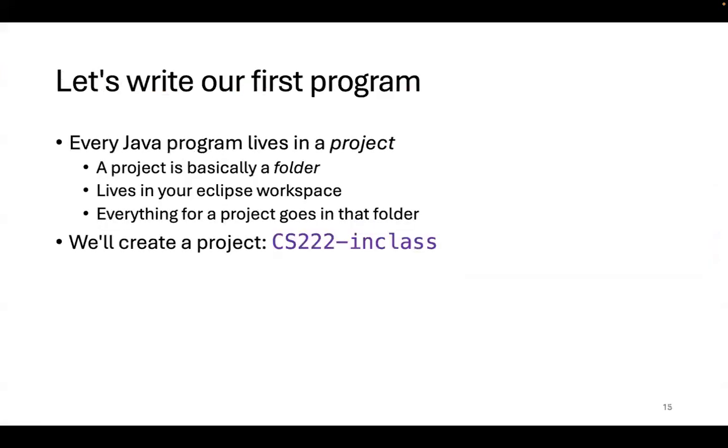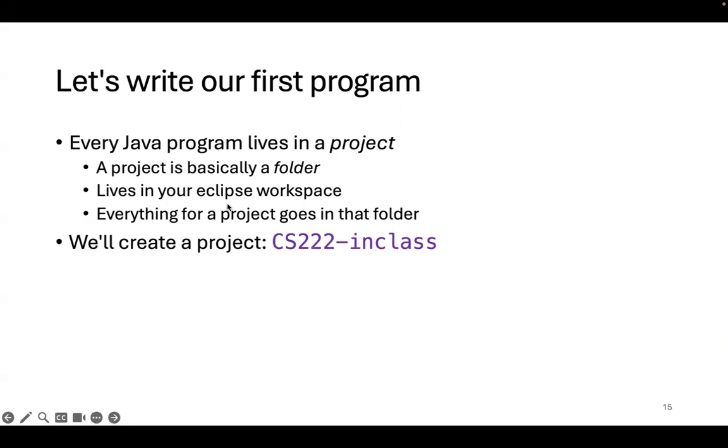Okay, we're going to write our first program. For Python, this doesn't really matter as much. Python is a scripting language where you can just have a Python file and run it. Java files need to live in a project. And a project is basically a folder where all of the code for this specific task lives.